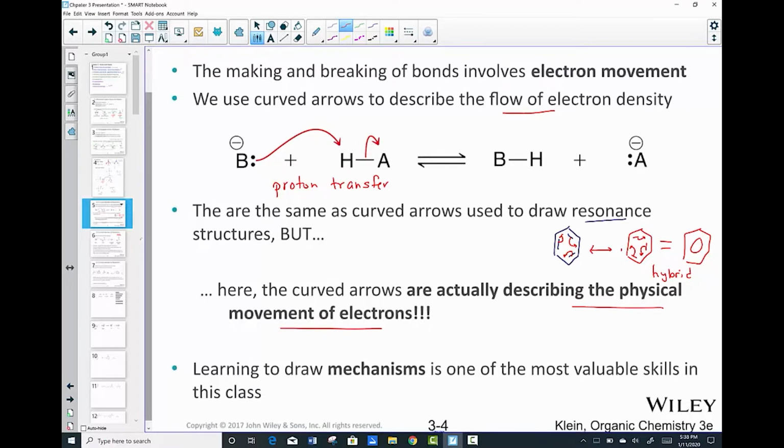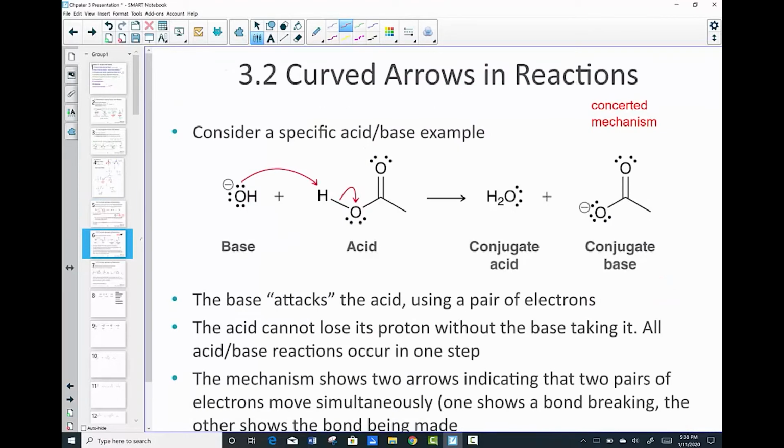So these acid-base electron mechanisms occur in a single step, even though we have two arrows being represented. They are really occurring simultaneously. The base attacks the acid using a pair of electrons. So this very rich region of electrons on the oxygen is reaching out for the proton on our carboxylic acid. See that functional group? COOH, a carboxylic acid.